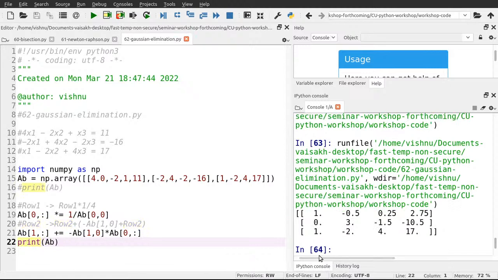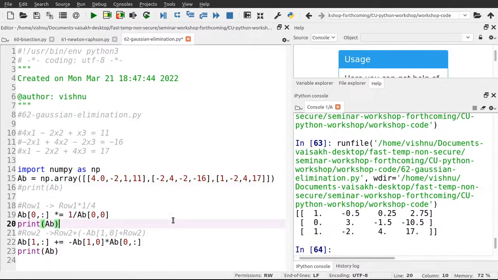So AB is becoming like this now. Here again, is there any problem like what we have faced previously? So 4x2 was multiplied with 4. Okay, we should see the row first. Let's see this in print after each and every execution.